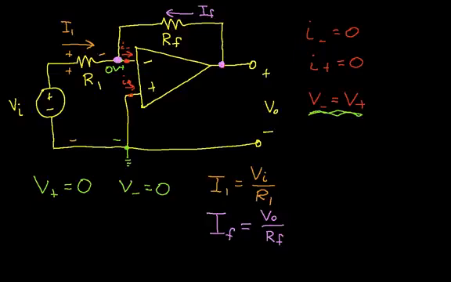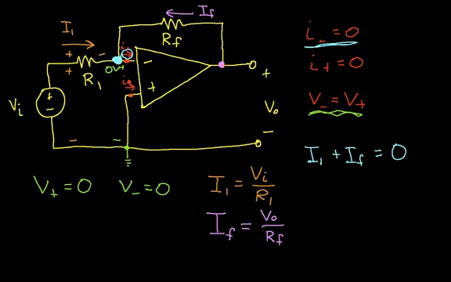And the way we can do that is apply Kirchhoff's current law at this node. We have I1 coming in, so Kirchhoff's current law at the inverting node says I1. We also have IF coming in, and we have I minus, this guy here leaving, but we've said that I minus is equal to 0, so there's no current there. So basically I1 plus IF is equal to 0.